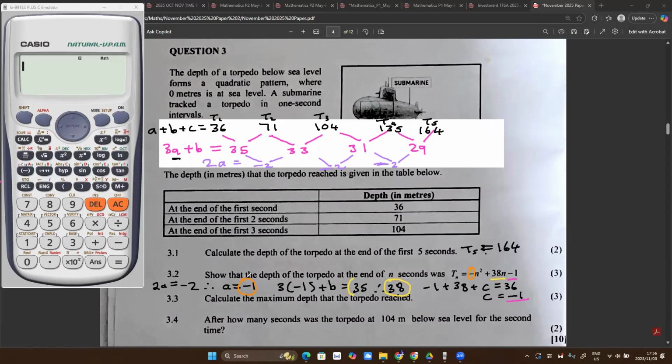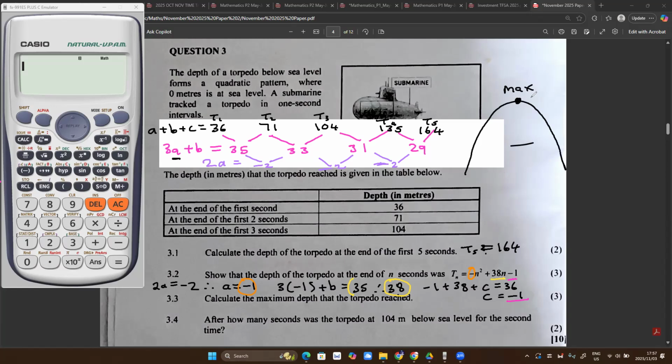Okay, now they want us to calculate the maximum depth. Remember, if this is negative n squared plus 38n minus 1, what we are ultimately looking at with a quadratic sequence is a parabola, wouldn't it be? And if it's negative, it's a sad face. And so, yes, you would indeed have a max.